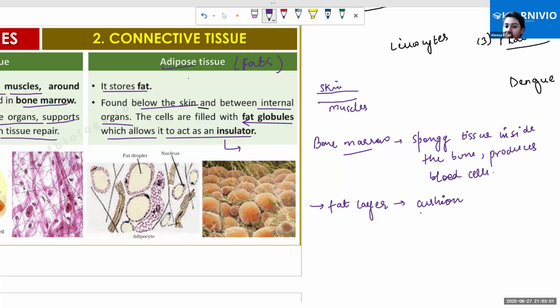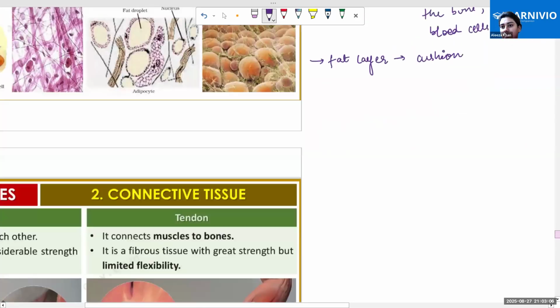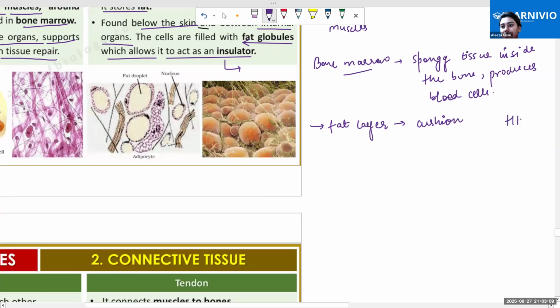Fine. Sometimes fat is important, but healthy fats. Do you know that two types of fats are there? Cholesterol is there. Have you heard about HDL and LDL? These are the two categories of your fats, cholesterol. Okay. One is good and the other is bad. Yes or no? Yes, ma'am. Okay. So as I said, one of the functions is to provide a cushion layer. Another point that was said by Muhammad, it traps the body heat.